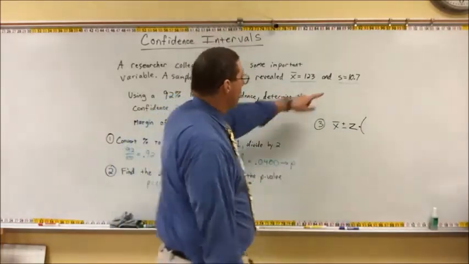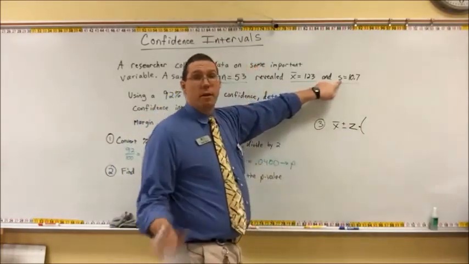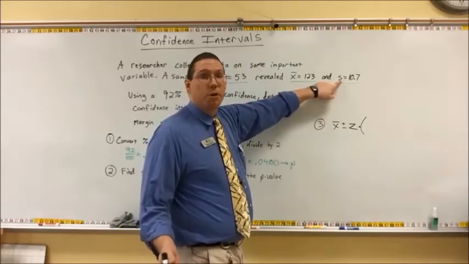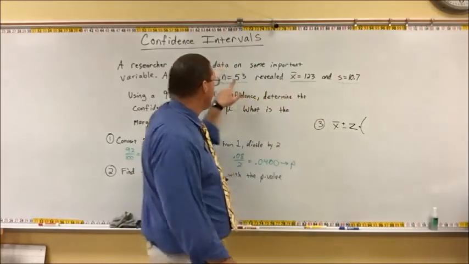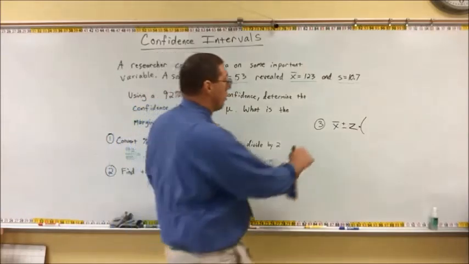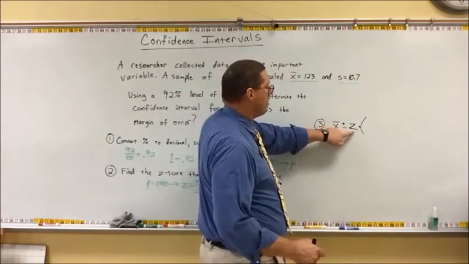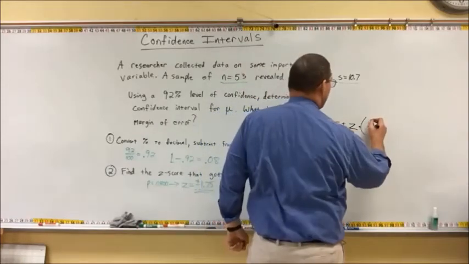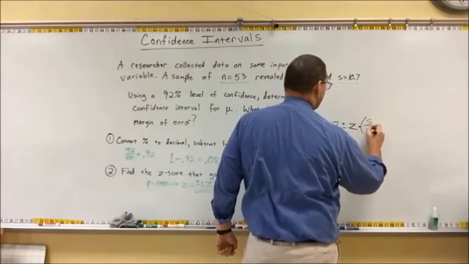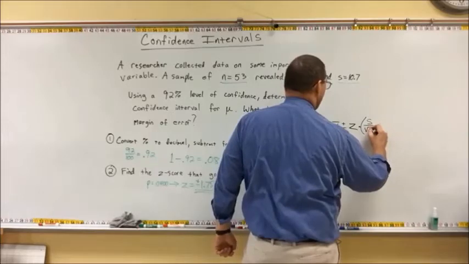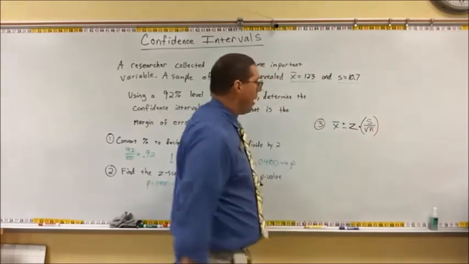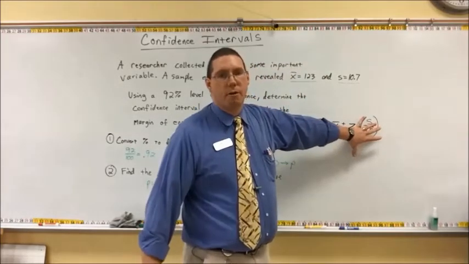Okay, and here's our standard deviation, only instead of the population standard deviation, we're going to use the sample standard deviation, and here's our sample size right over here. So it's going to be x bar, that's right here, plus or minus z times s, standard deviation, over the square root of n. So this is our standard error, okay?